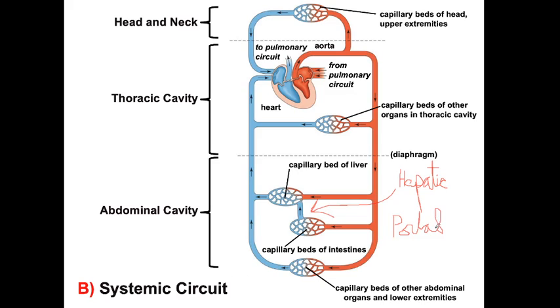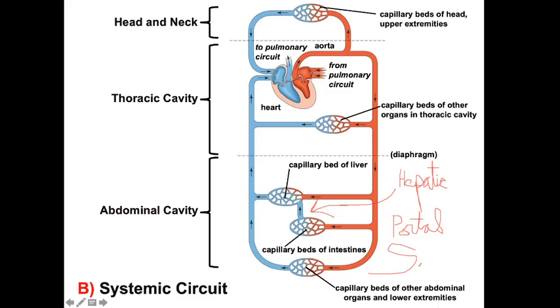Just talk among yourselves while I struggle with this. System. I'm not going to write system. You all know how to spell system. This is your hepatic portal system. It portals the blood from your intestines through your liver, hence the adjective hepatic, and then it's allowed to go to the rest of your body after it has been detoxified.